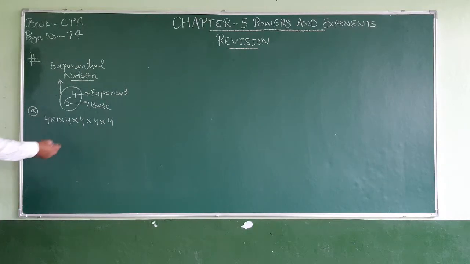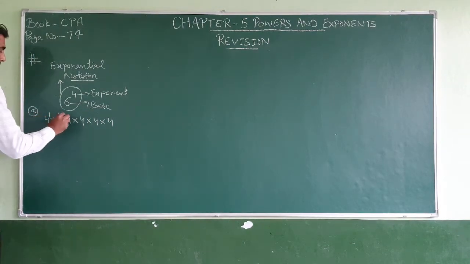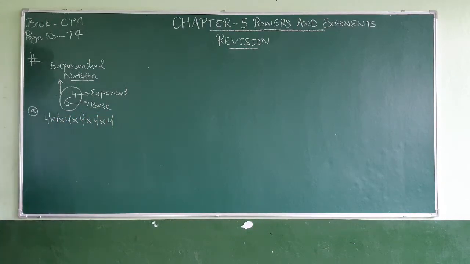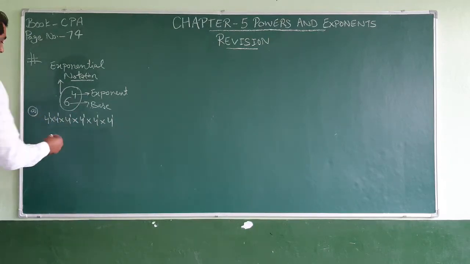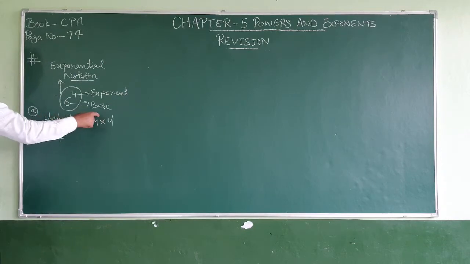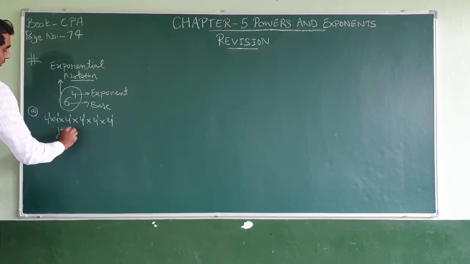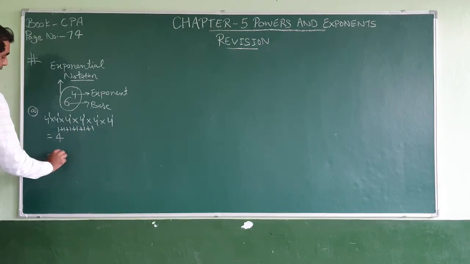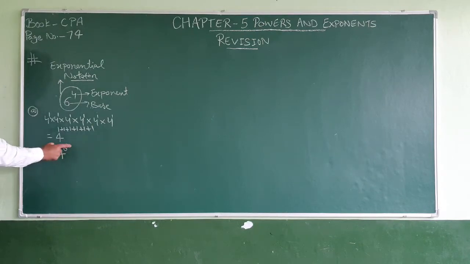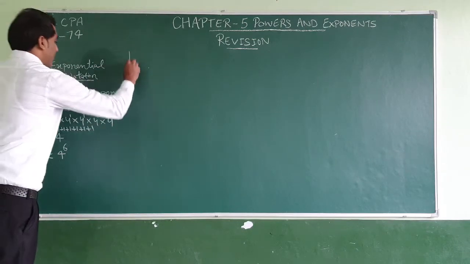I have told you in the exercise, if bases are the same, then the powers, the exponents, will be added. Where nothing is written, the exponent means 1. If the base appears only one time each, the powers add up: 1 2 3 4 5 6. So the answer has a base and an exponent, and both belong to exponential notation.